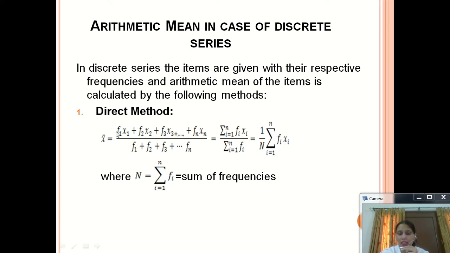What is f1? F1 means how many frequencies correspond to x1. So we can write summation i equal to 1 to n fi xi divided by summation of fi. Summation of fi is known as sum of frequencies. It is also denoted as capital N.